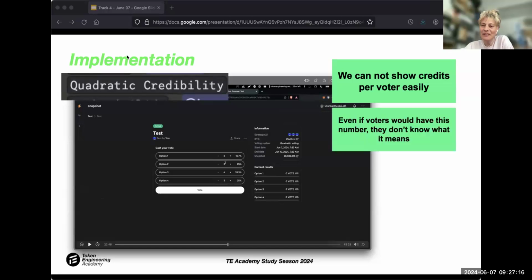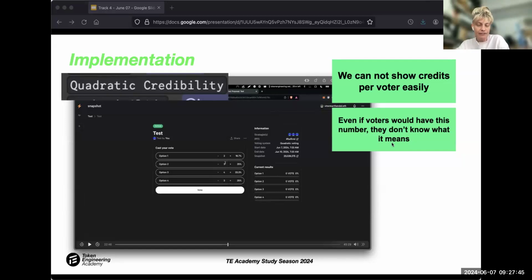Good. So I have more concerns and comments on quadratic credibility. But again, this is reality. You have to check against reality. Even if voters would have this number, they don't know what it means. So even now, imagine we find a way to easily calculate the number of credits and show them as an actual number.